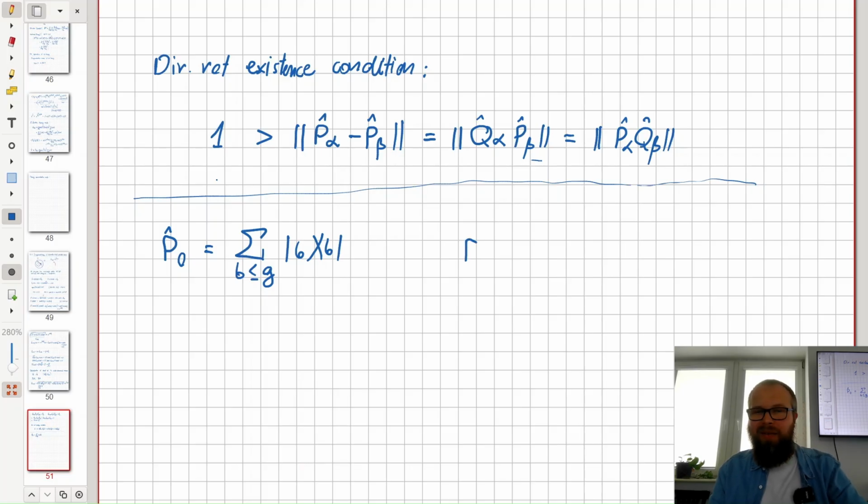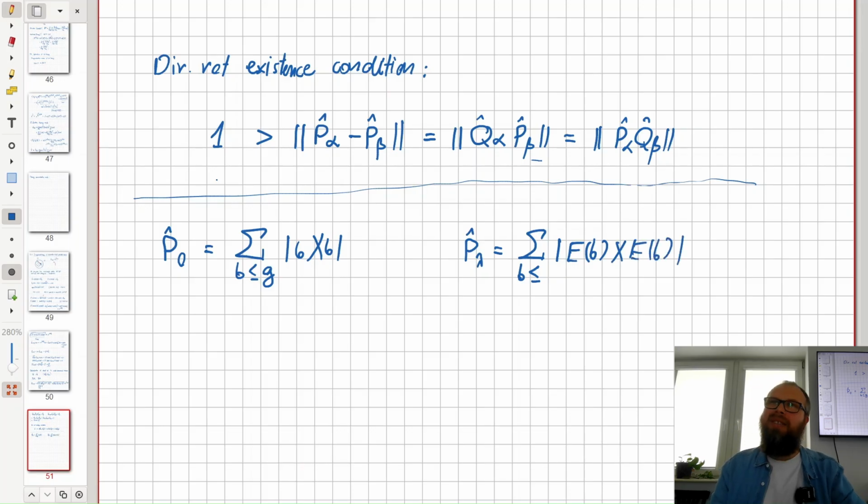And we will have a projection, let's call it P lambda, which will be a projection onto the low energy subspace of the perturbed Hamiltonian.